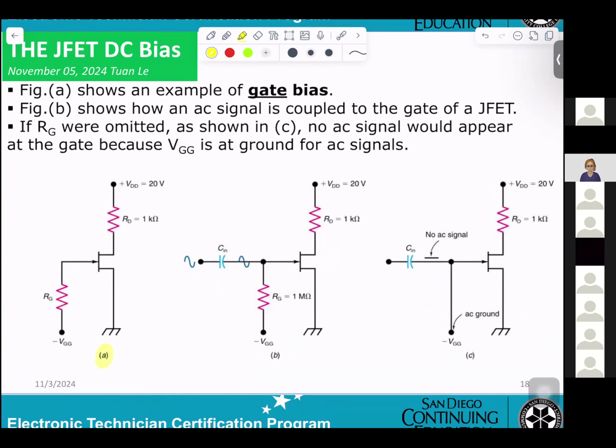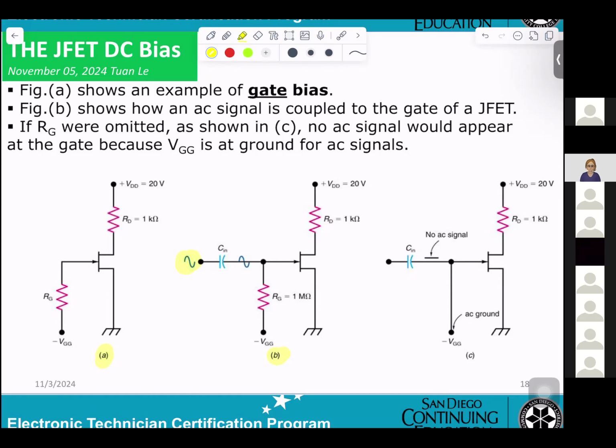Okay. Showing you. Okay. A gate bias. On the figure B. Okay. Same thing, but they're adding the signal coming from the amplifier. What they try to bring up for you.